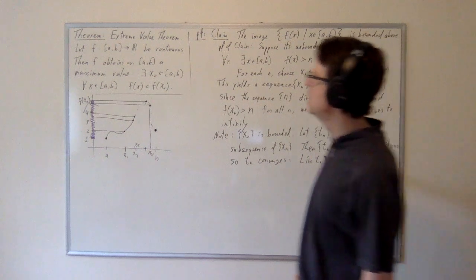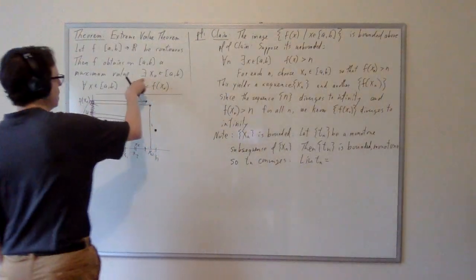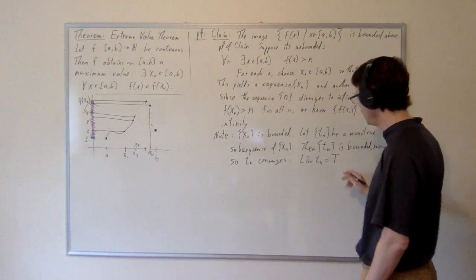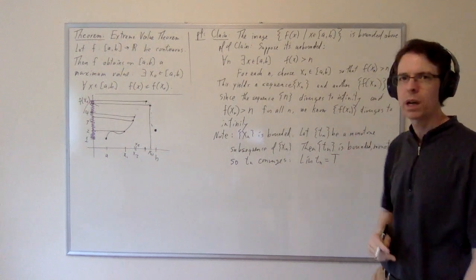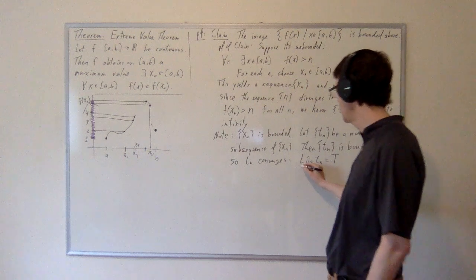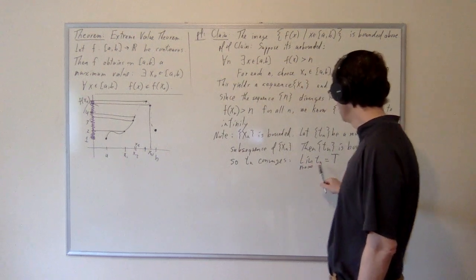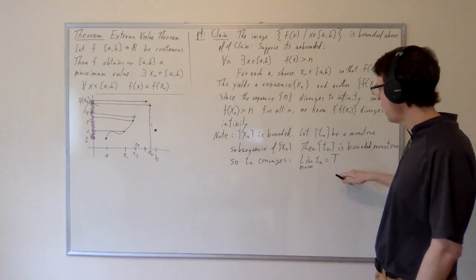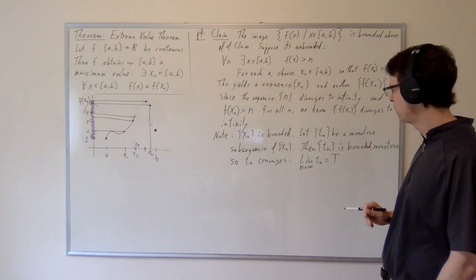I'd like to say it's equal to x naught and declare victory here, but let's not jump the gun. We've got Tn's, we have to choose something they converge to. Let's just say it's equal to t. This is by the monotone bounded convergence theorem, that it must have a limit.